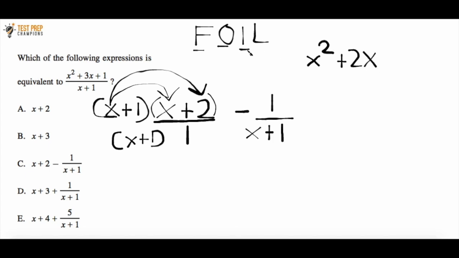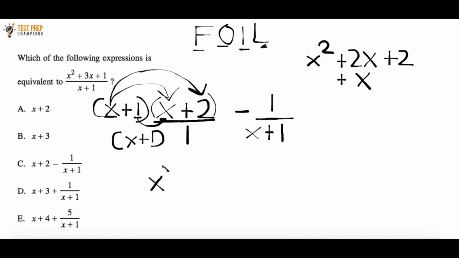Now I'm going to do the inner term. So I'm going to do this 1 times the x, which is just x. So I'm going to have to add another x here. And the last numbers that I didn't multiply are the 1 and the 2. So 1 times 2 is just 2. Okay, so if I do the math here, let me rewrite all of this down here.